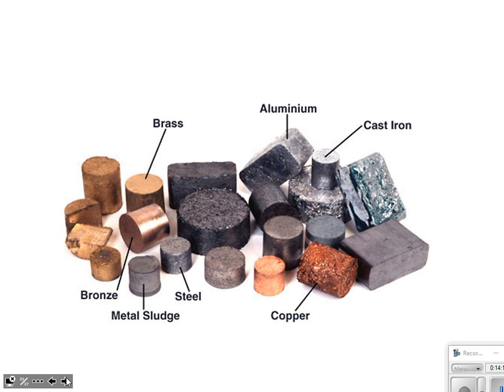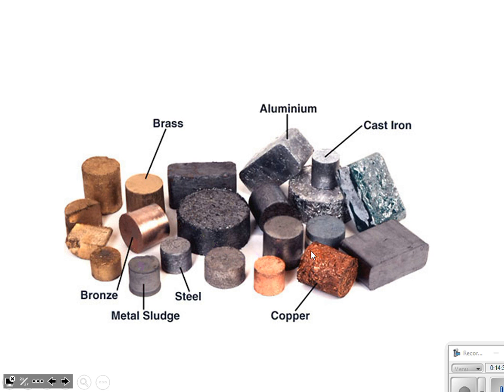Here is a picture of a bunch of different metals. Over here, steel. Over here, brass. Over here, metal sludge. Those are combinations, okay? So that's a little bit misleading because those are combinations of metals. But bronze right here.